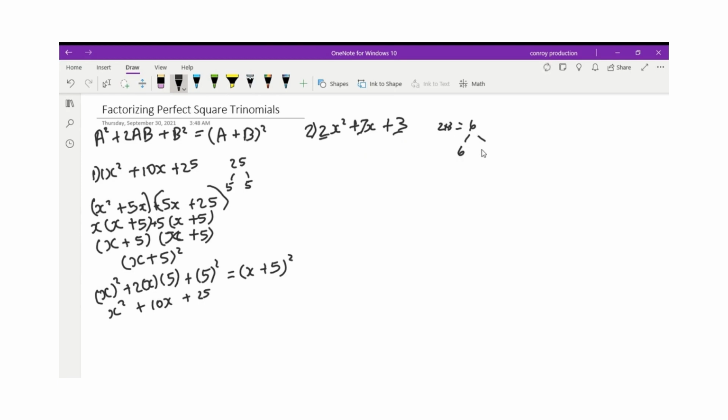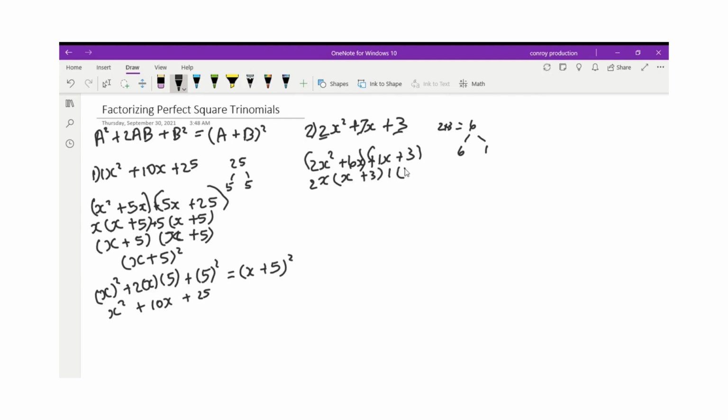We can use the two factors 6 and 1. So we have 2x squared plus 6x plus 1x plus 3. And that is how we replace the b term. We're going to group also. We can factor out a 2x right here, we have x plus 3.